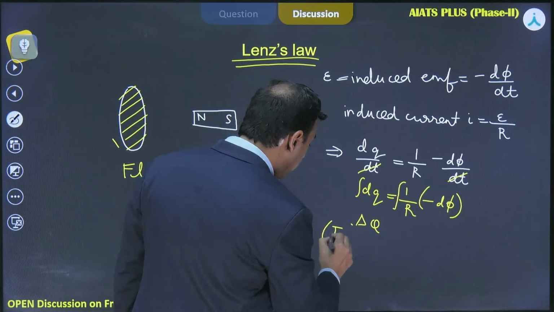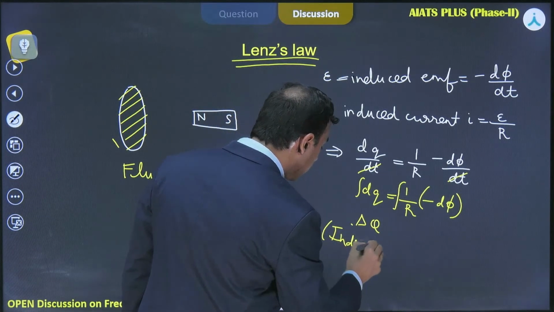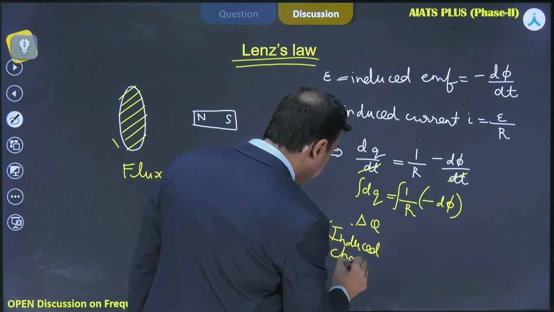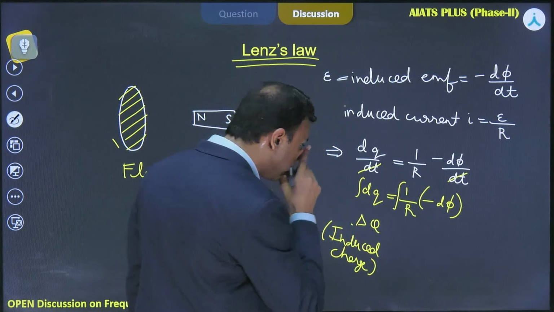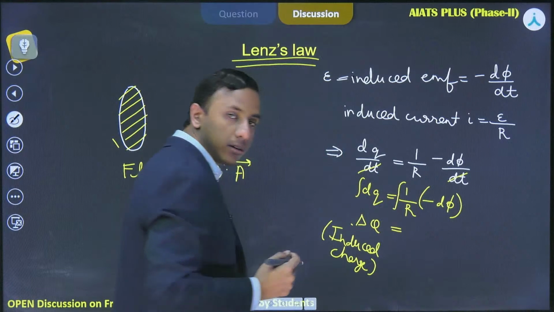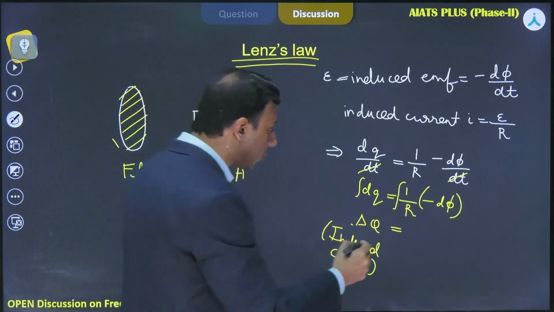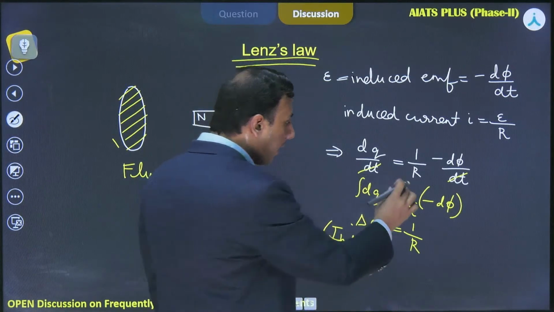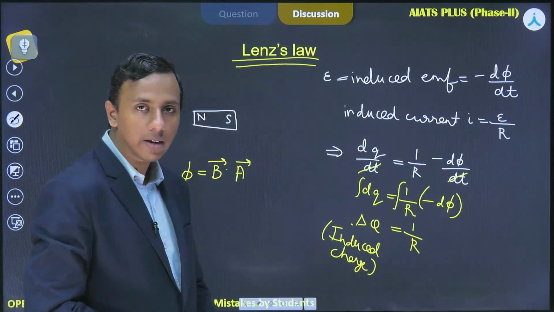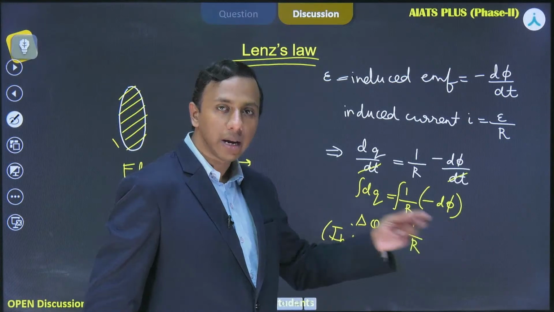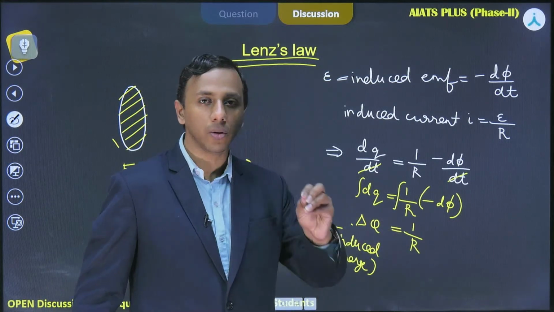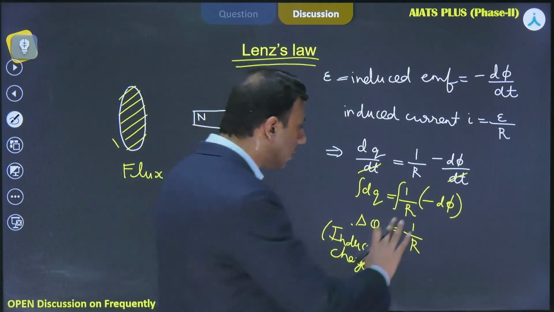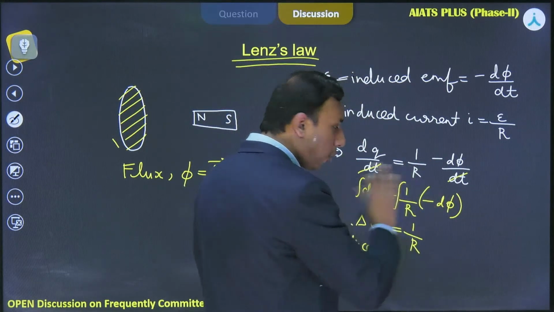All right. So let me write down. This is your induced charge equal to 1 by r, r is your constant resistance of conductor. It won't change. It comes out of the integral sign, and integral minus d phi. That will become minus phi, right? And minus, as I said, it only denotes the direction. Okay. So for now, I am taking mod. I can take mod both sides.